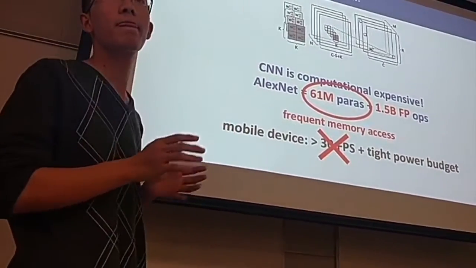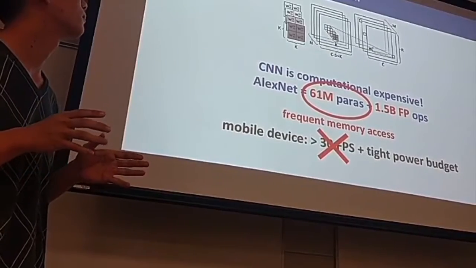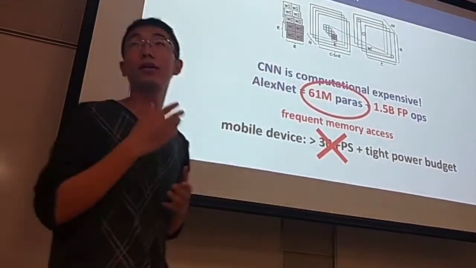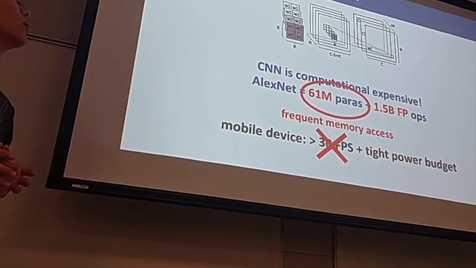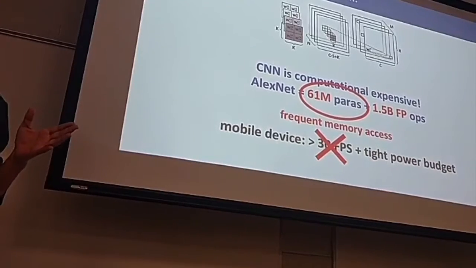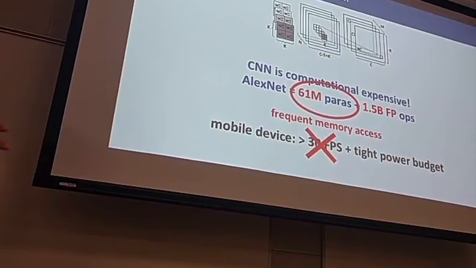How to do a convolution? Okay. The parameters refer to the kernel. You can see the K by K is the kernel. So the 61 million parameters represent, for the AlexNet, the weight matrices.